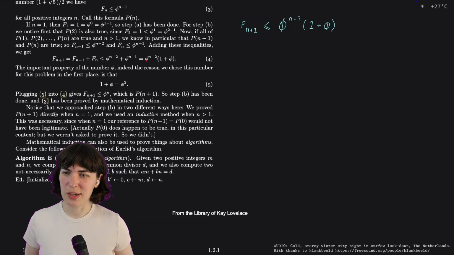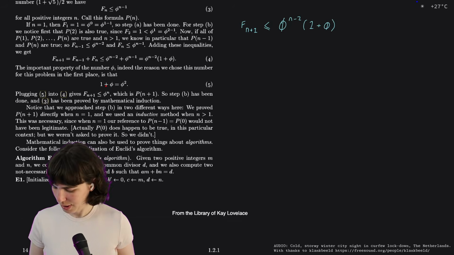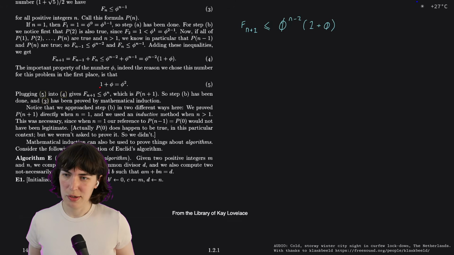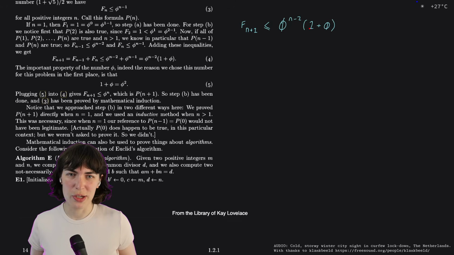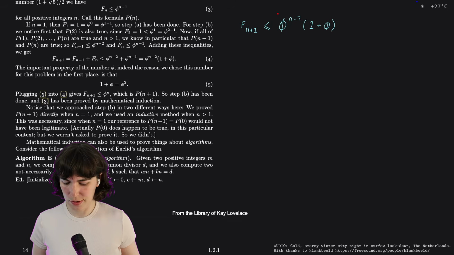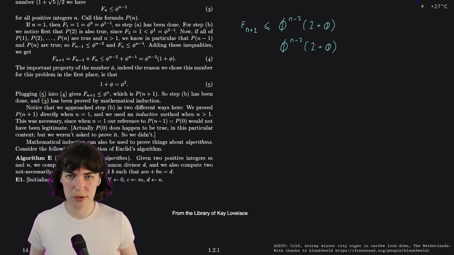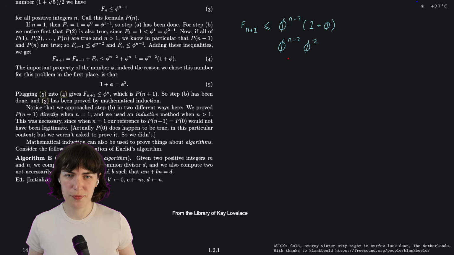Now, we have this identity, I suppose, property, whatever it is, here, which is great. We can just take his word for it on that and replace this with phi squared.